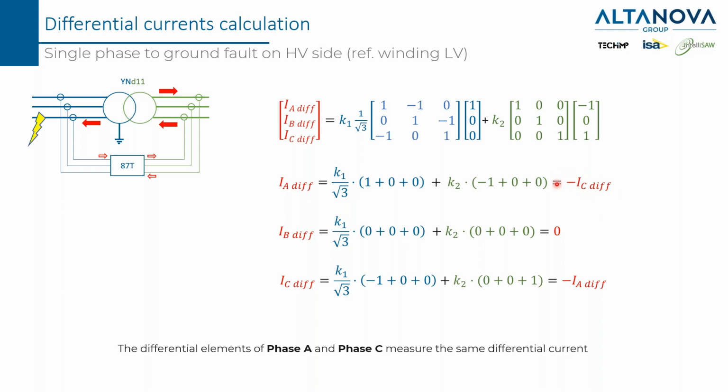So regardless of the direction, this minus, if we just consider the magnitude of the differential current, we see that in this particular case, phase A and phase C measure the same differential current. So I repeat once again, the fault involves only one phase on one side, but the differential currents will be two.